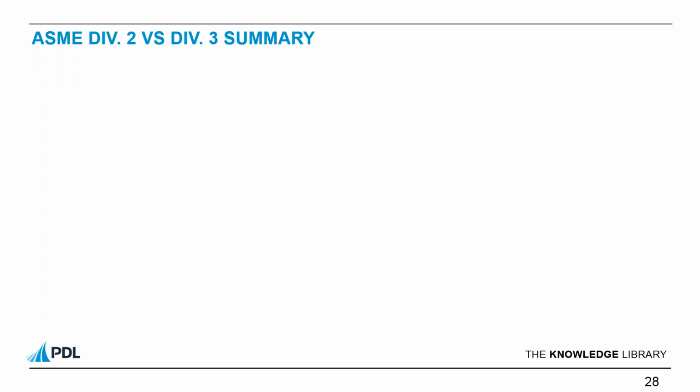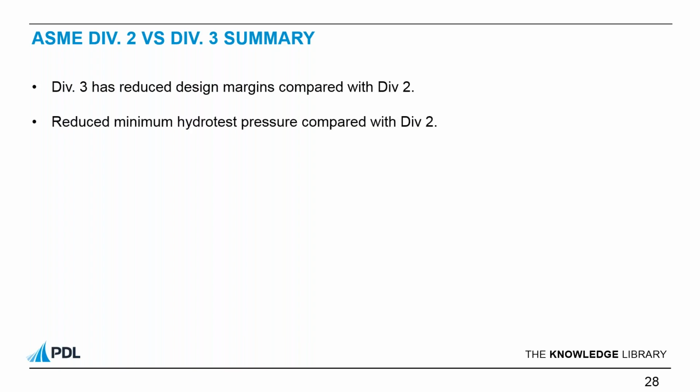So let's have a quick recap on the essential differences between the ASME Division 2 and ASME Division 3 verification routes. So Division 3 has reduced design margins compared with Division 2. It also has reduced minimum hydrostatic test pressure requirements compared with Division 2. To counter this, we have higher product specification levels, so more tighter quality control requirements.